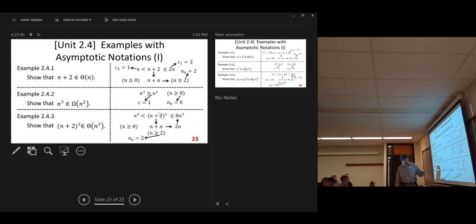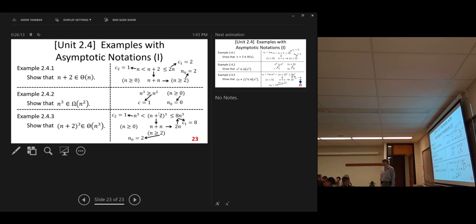N0, because n0 should satisfy both inequalities, we take the larger one. So n0 we take 2. 2 is larger than 0, we take 2. Then C1 is 8, C2 is 1. If you find these 3 numbers, you solve the problem. For big theta problems, basically, you find these things.